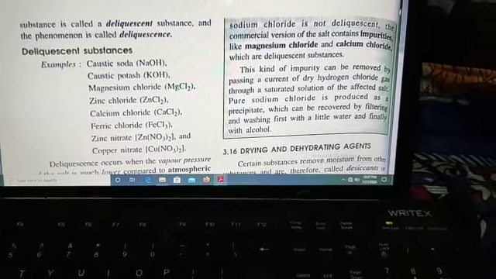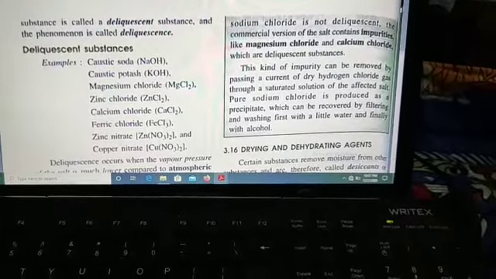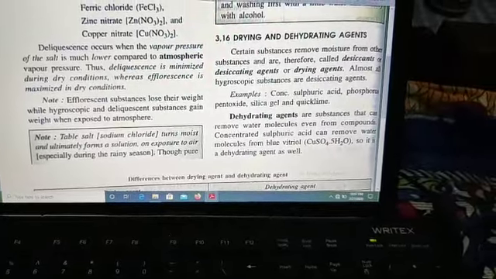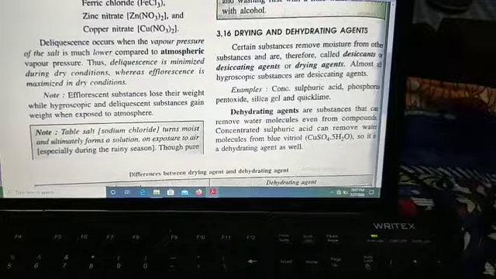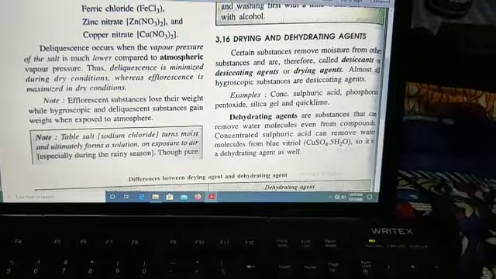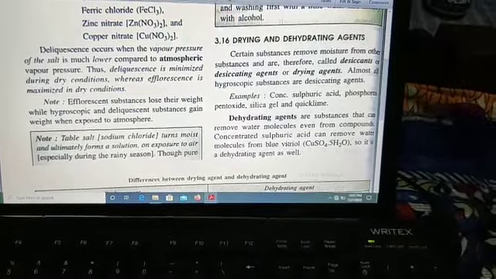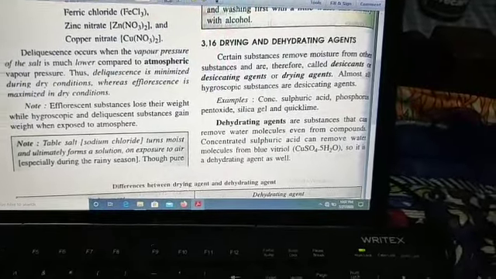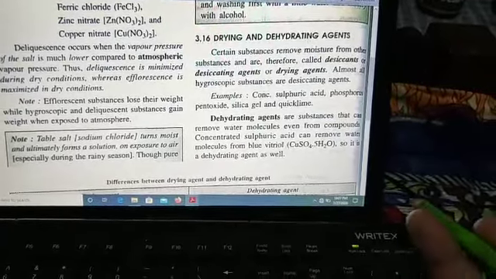Fine. The next topic is drying and dehydrating agents. Certain substances that remove moisture from other substances are called desiccating agents or drying agents. Examples: concentrated sulfuric acid, phosphorus pentoxide, silica gel, quicklime.